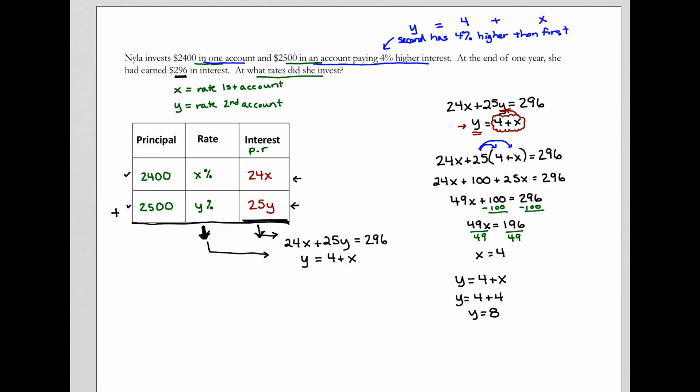Let's state the conclusion then. Because we had very nicely at the beginning of the problem written down what x was representing and what y was representing, we can now label x and y as part of our solution. x is the rate of the first account. So that means that my first account has an interest rate of 4%.